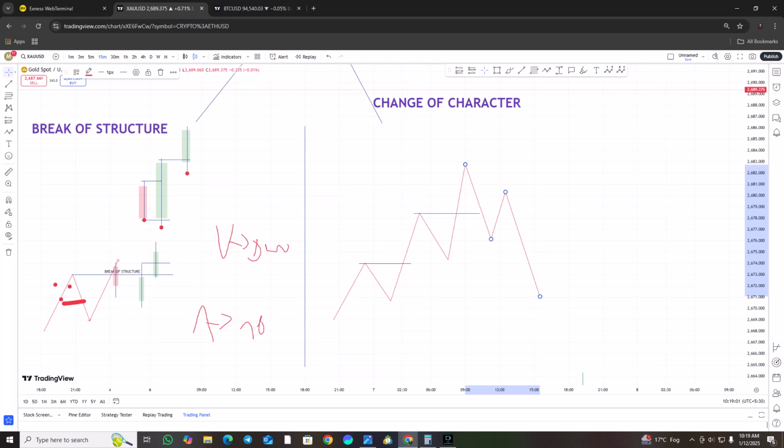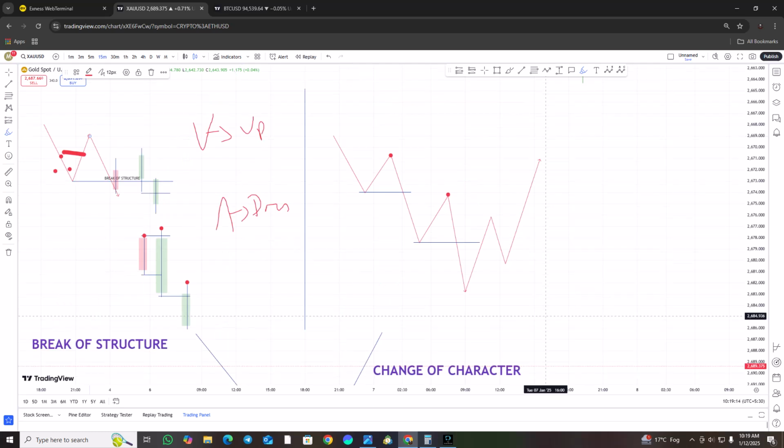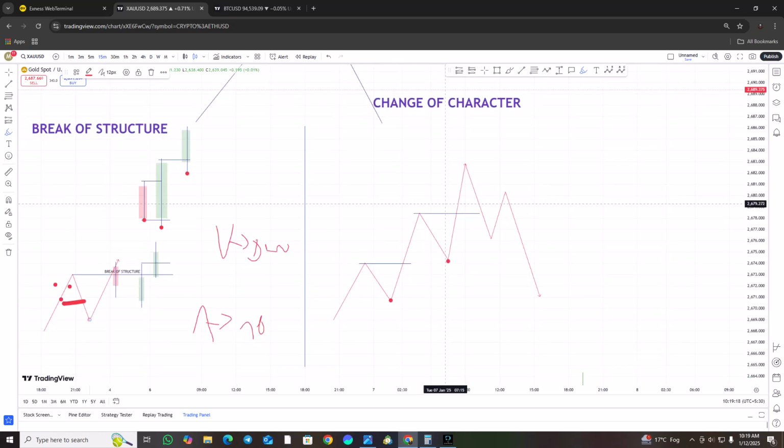While the market is coming down, you can see the lows which are created here, over here too. Sorry, when we look for bullish momentum, lows are created. When we're looking for bearish momentum, highs are created.